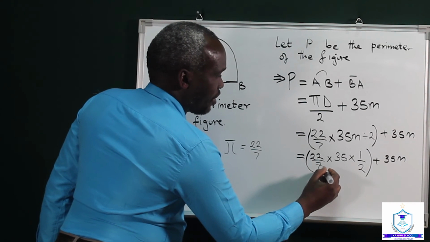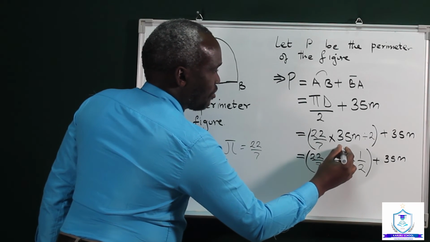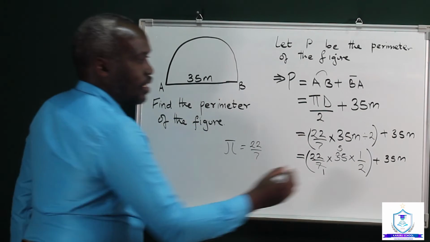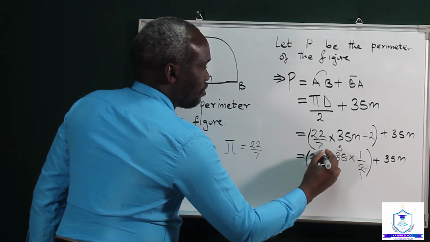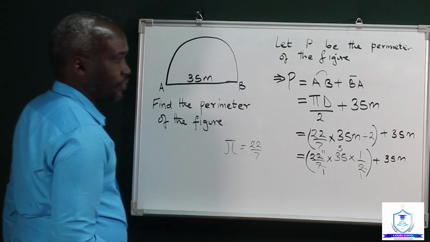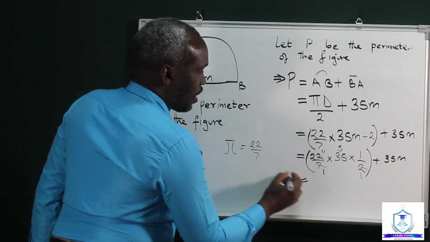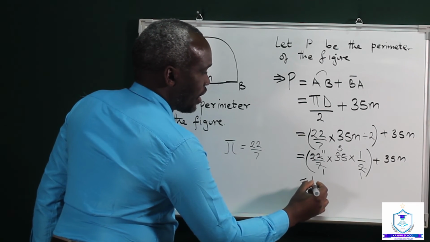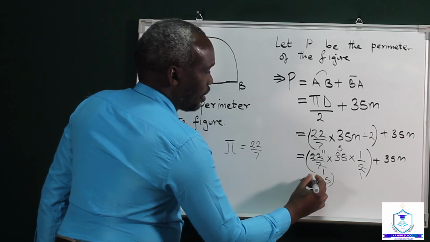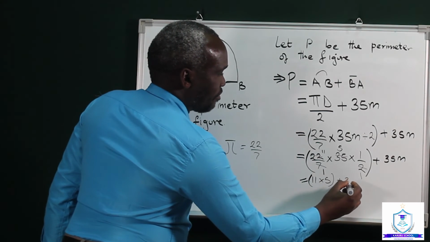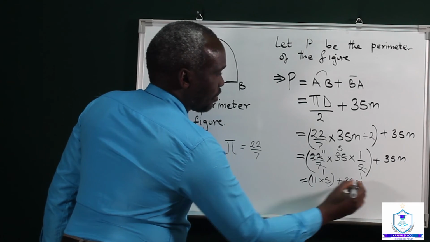Divide here by 7, you get 1. Divide by 7, you get 5. Divide by 2, you get 1. Divide by 2, you get 11. This means that our perimeter is given by 11 multiplied by 5, and then add 35 meters.